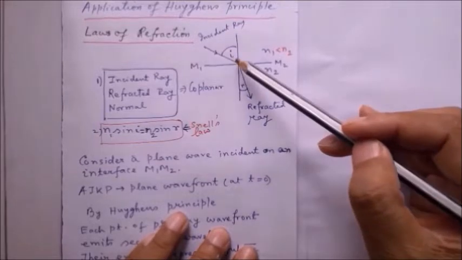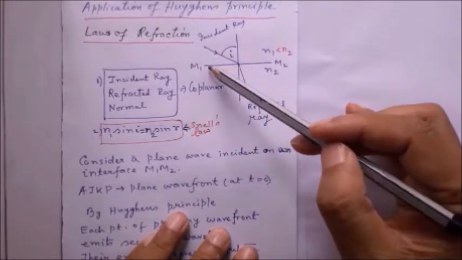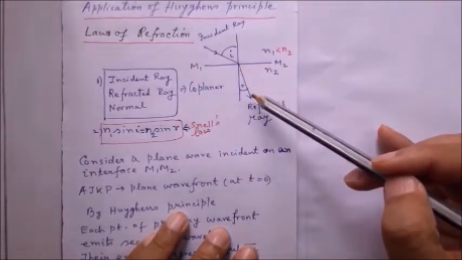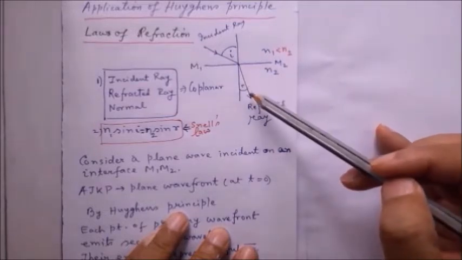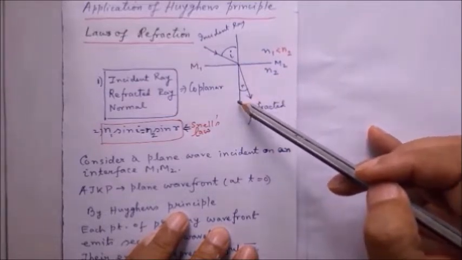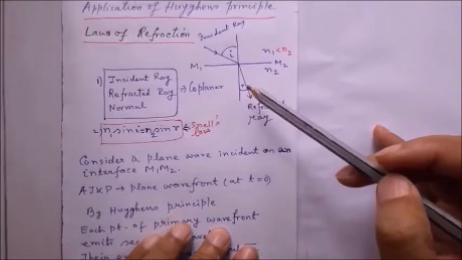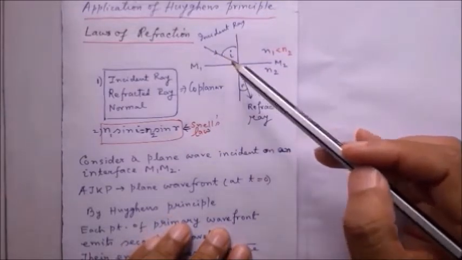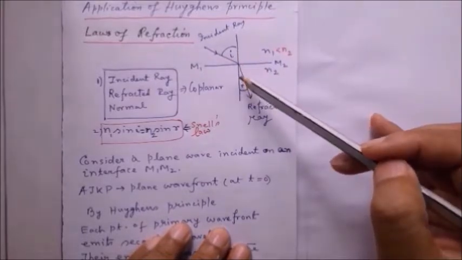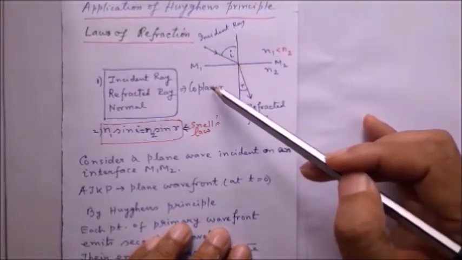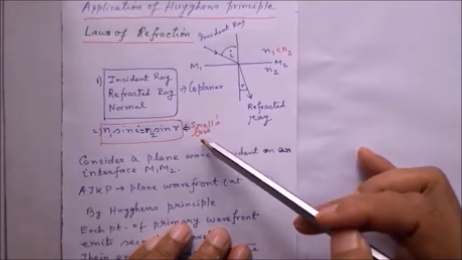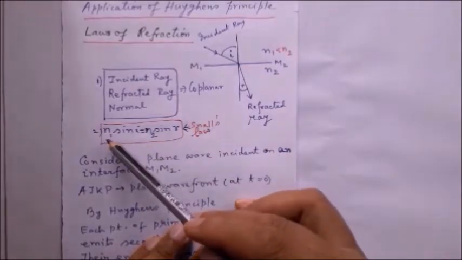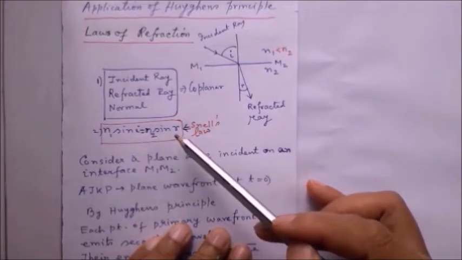And this is the incident ray which strikes the interface and goes into the target medium where the ray bends towards the normal. So this is the phenomenon of refraction, and the two laws are: incident ray, refracted ray, and the normal to the plane of incidence are coplanar, and the famous Snell's law which says that N1 sin I is equal to N2 sin R.